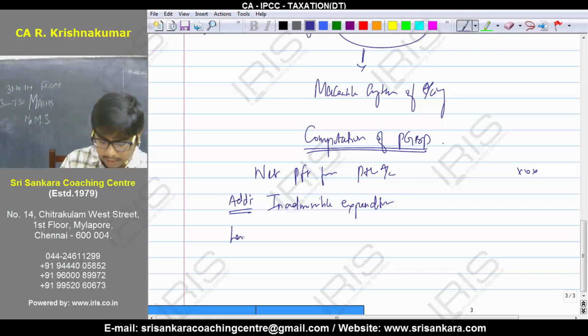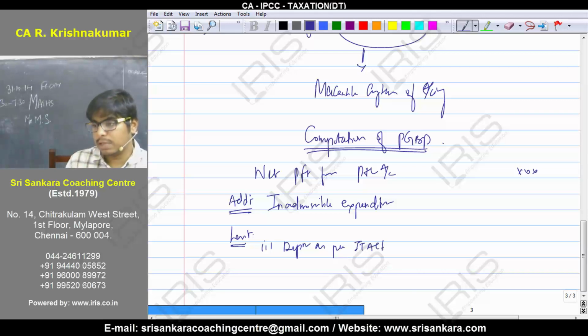You will subtract the following: depreciation as computed as per the IT Act.